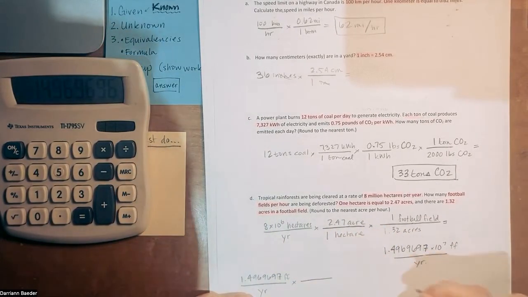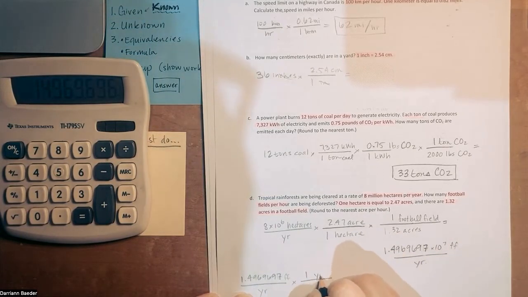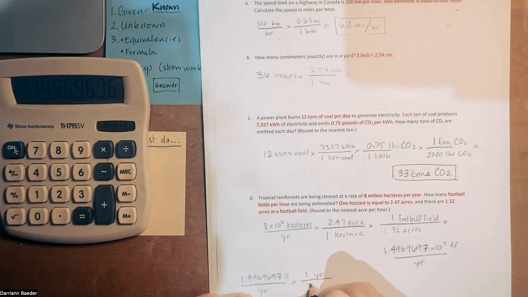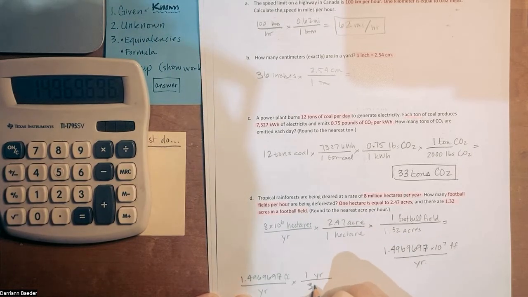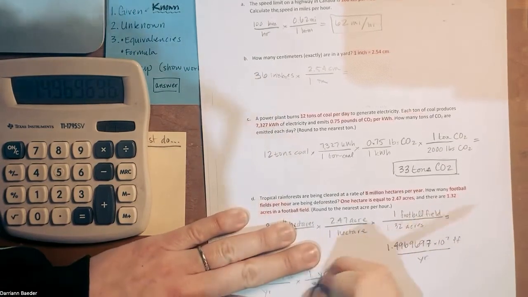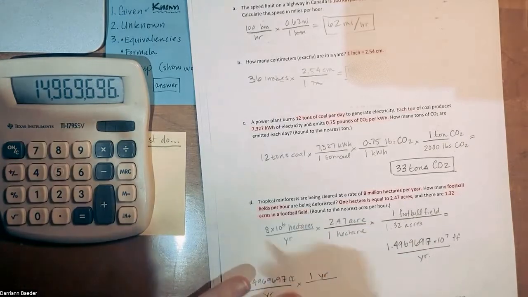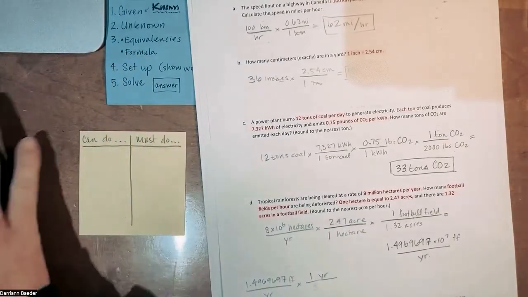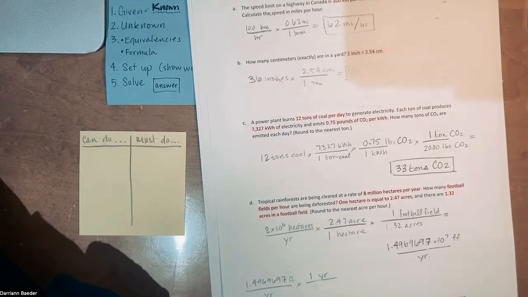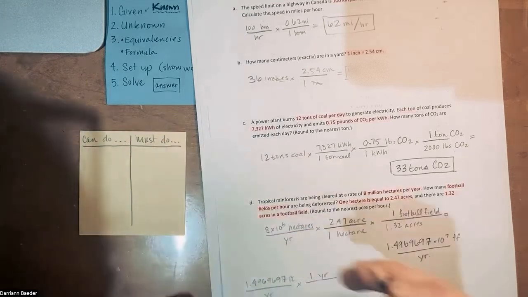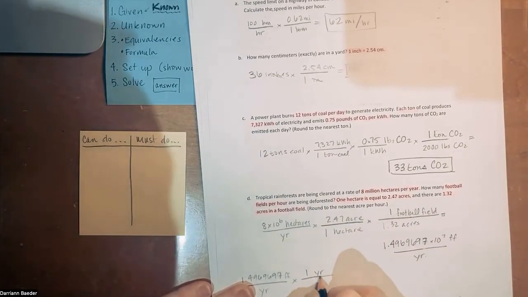Okay, so we're supposed to go to an hour. 1 year is, we can do this a couple of different ways. We can do 365 days, or you can do 52 weeks, depending on what you want to do math wise. All right.